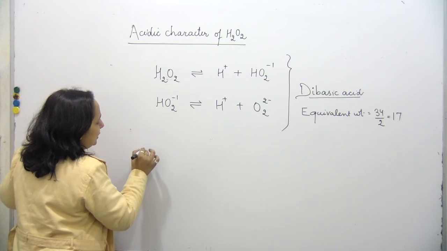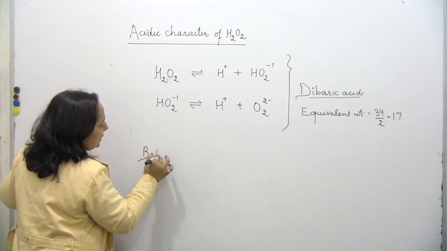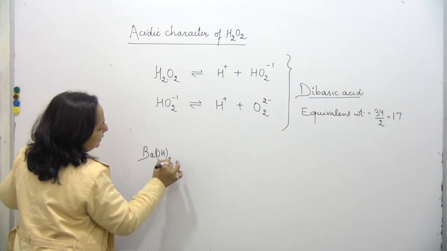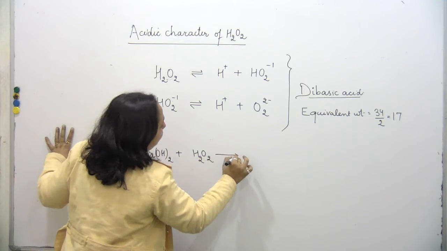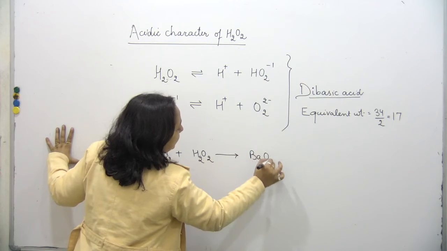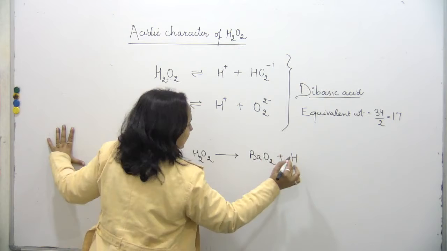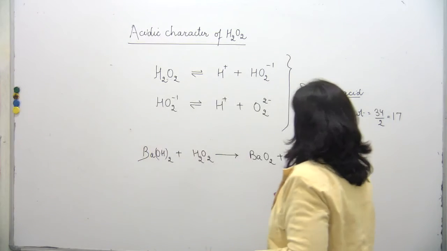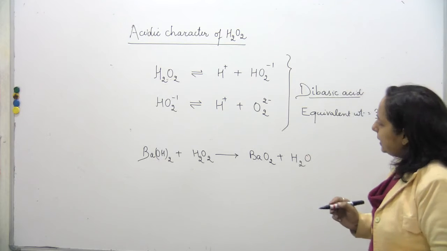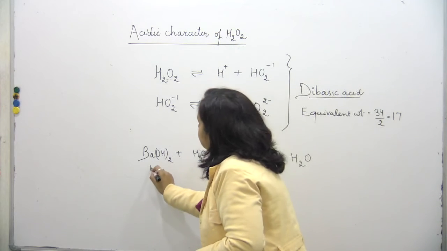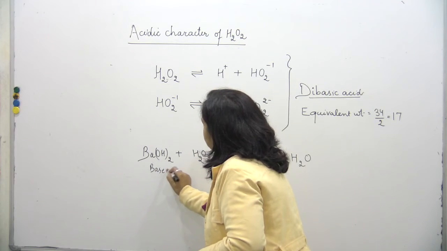Some of the reactions: barium hydroxide is a base. When it reacts with hydrogen peroxide, we get formation of barium peroxide plus water. And this reaction is indicating that this base is reacting with an acid.